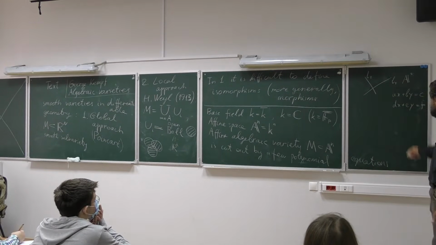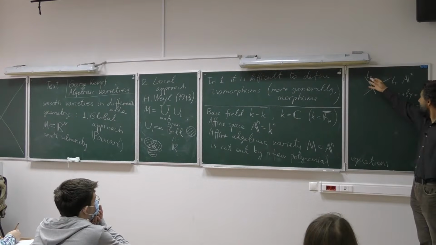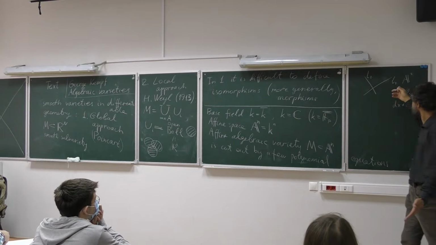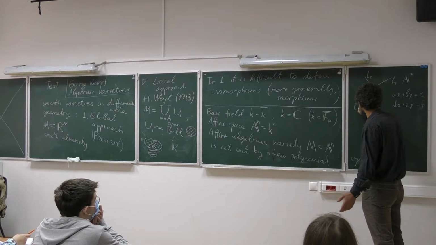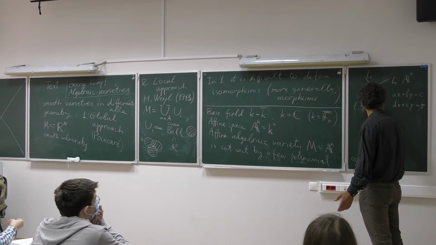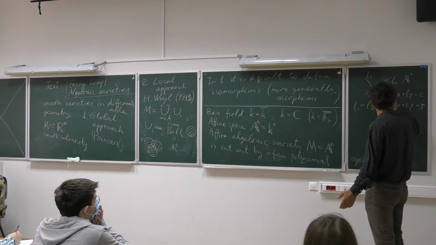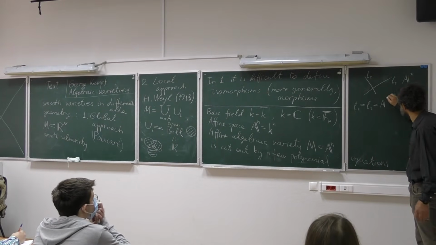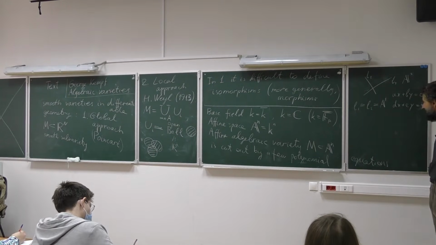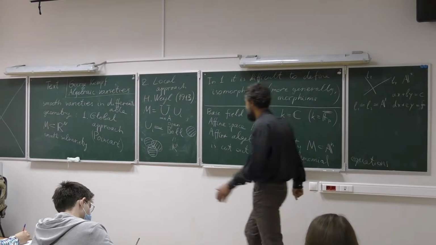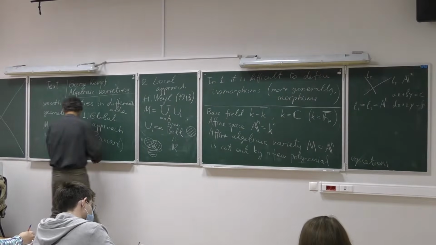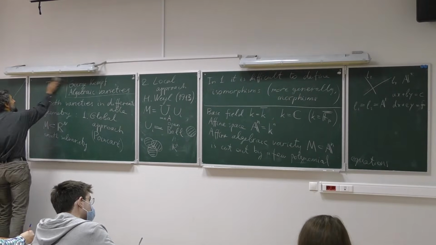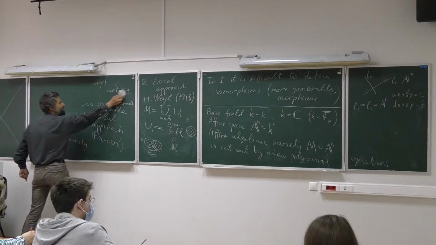Okay, and these are different equations, but the lines are certainly the same, and both are isomorphic to just one-dimensional affine space. But somehow we have to have a language which allows us to identify different, at least differently looking, algebraic varieties.